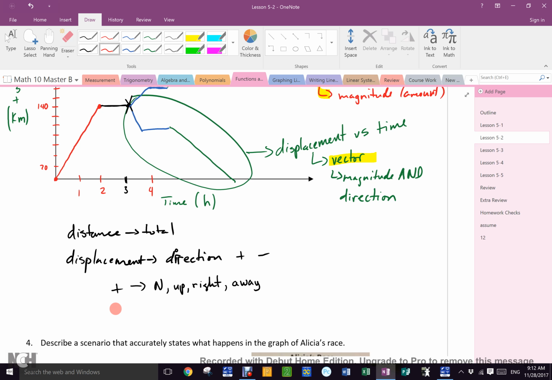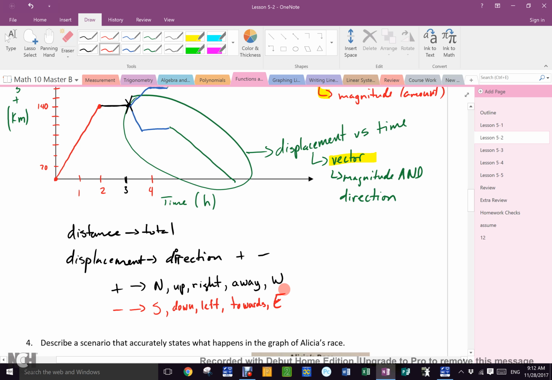So what then is negative? Oh, I know one I missed. West. What is negative? South, down, left, towards, east. So let me give you an example.